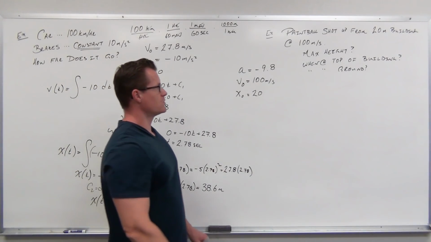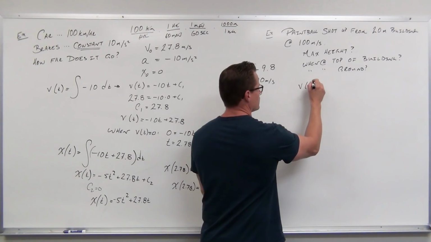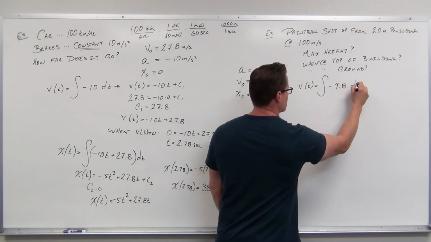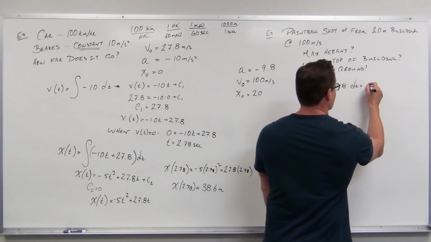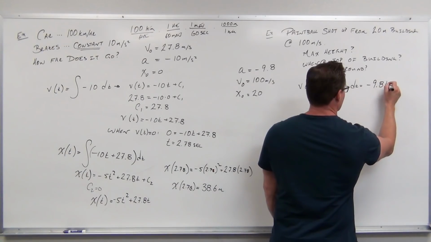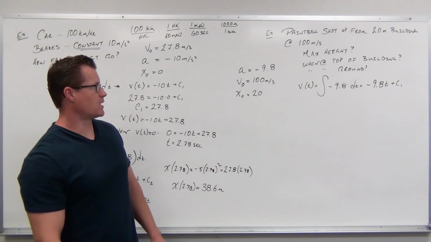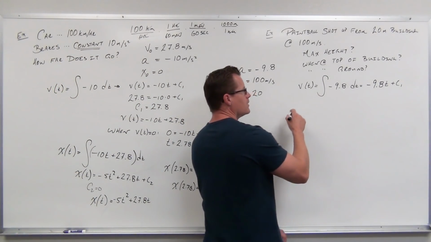Let's go ahead and do an integral of acceleration to give ourselves some velocity. Now we have that initial velocity. We know that our initial velocity is 100 meters per second. So let's plug that in.